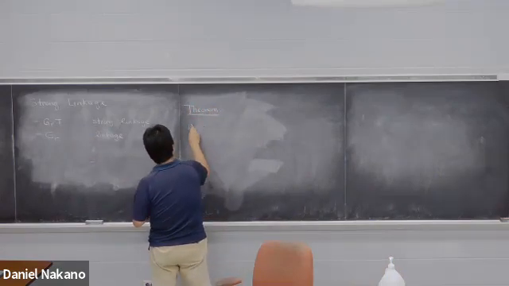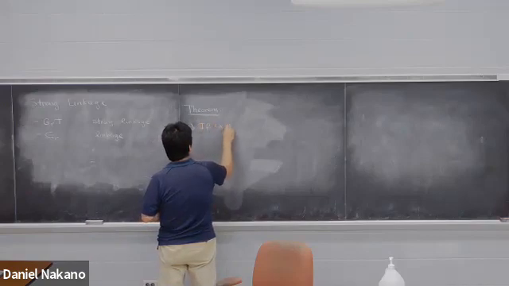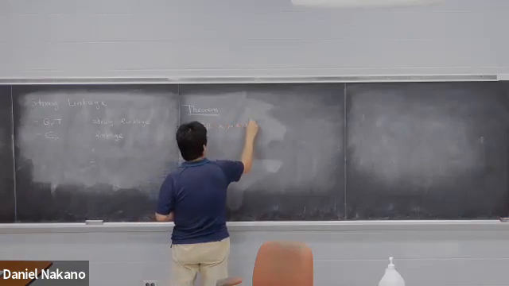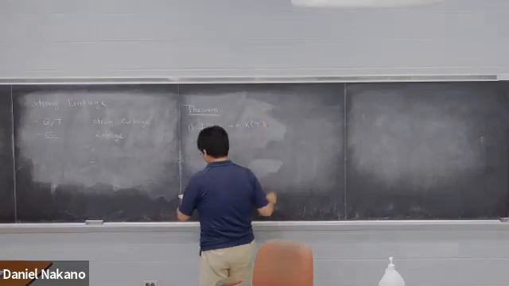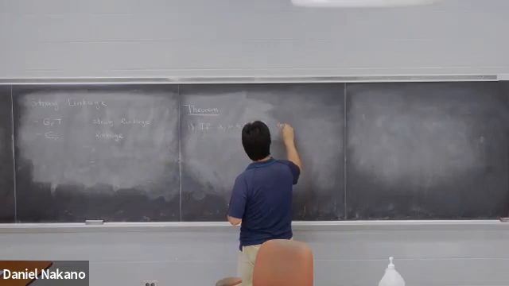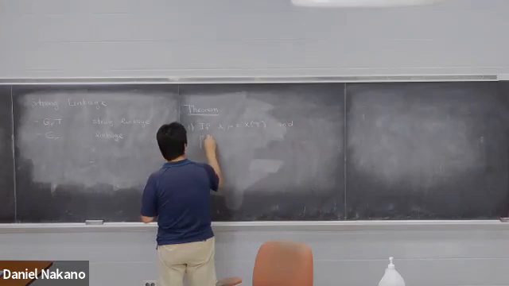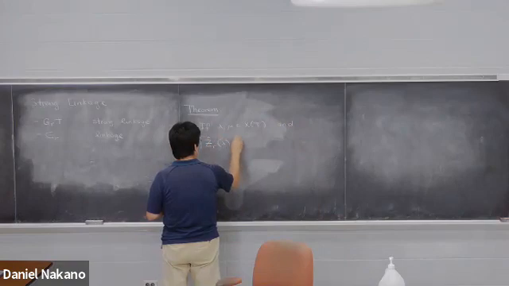So the first statement is the following. If lambda and mu are weights, and I take the module ZR lambda with LR hat mu.